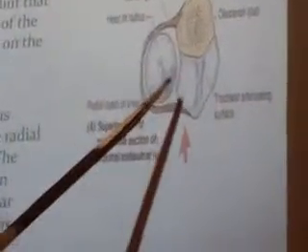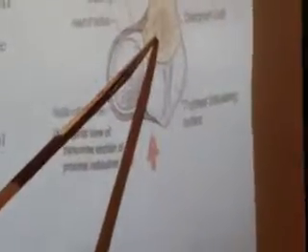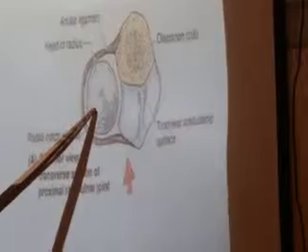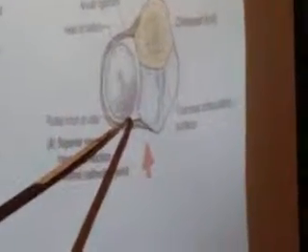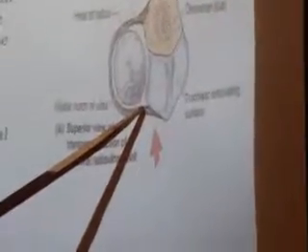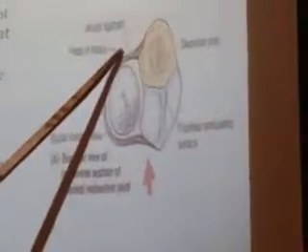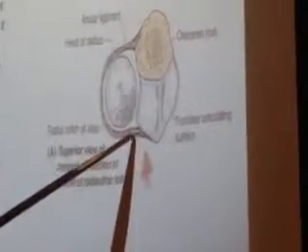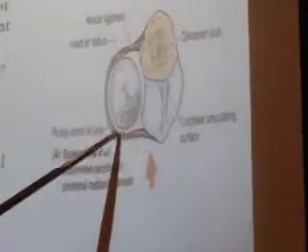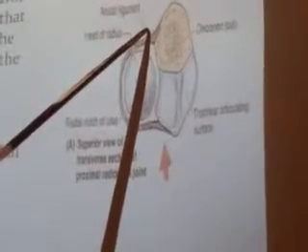This is the radial notch on the ulna, and this is the head of the radius. Now the anterior lip and the posterior lip of the radial notch have the attachment of a very important ligament which circles around the head of the radius and is attached to the posterior lip.